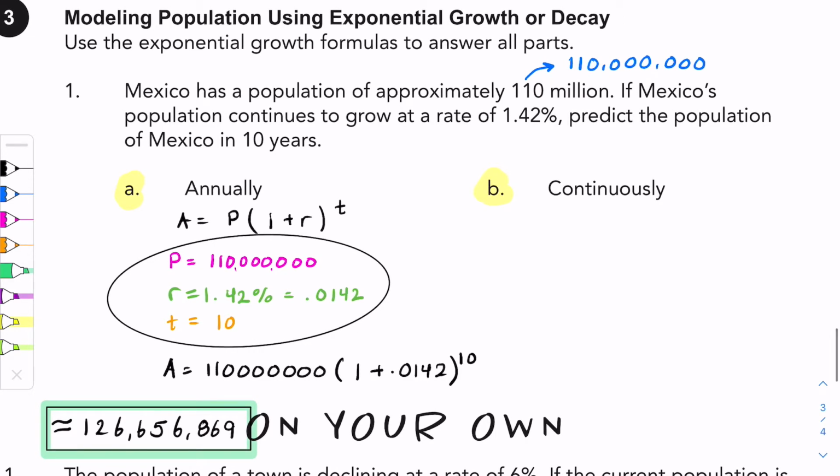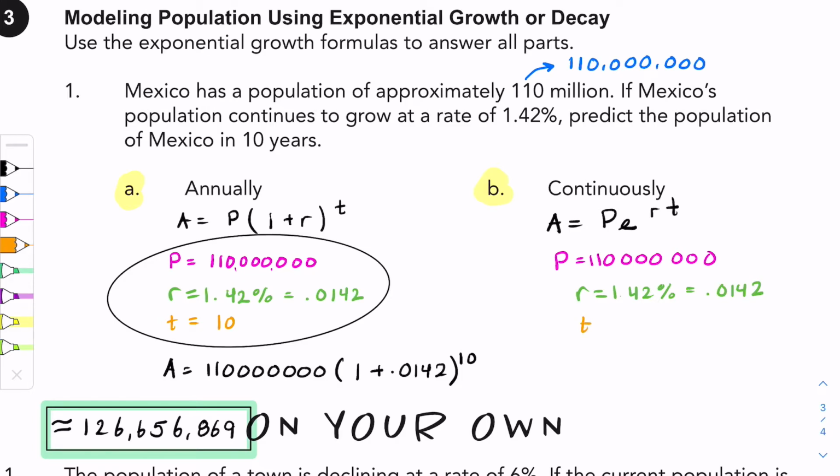Next, we're looking at compounded continuously. Compounded continuously uses the equation of A equals P multiplied by e raised to the power of rt. The principal amount is 110 million. The interest rate is still 1.42% or 0.0142, and the time is still 10 years.